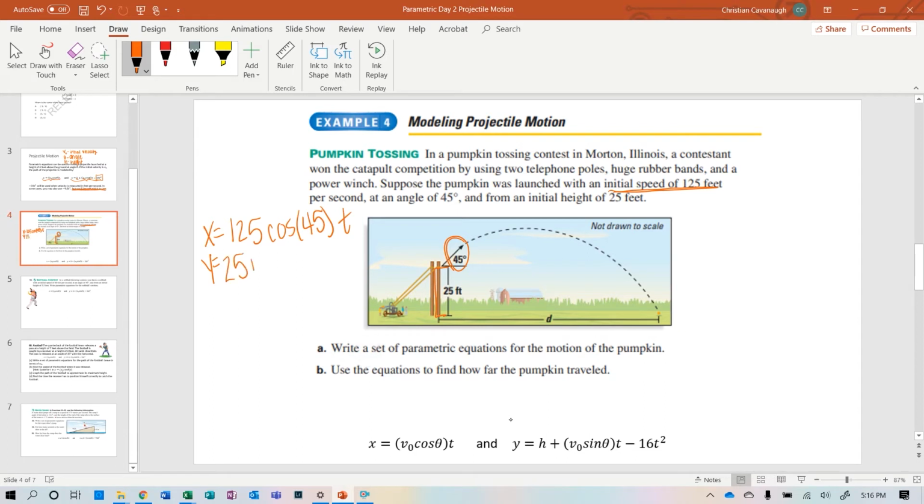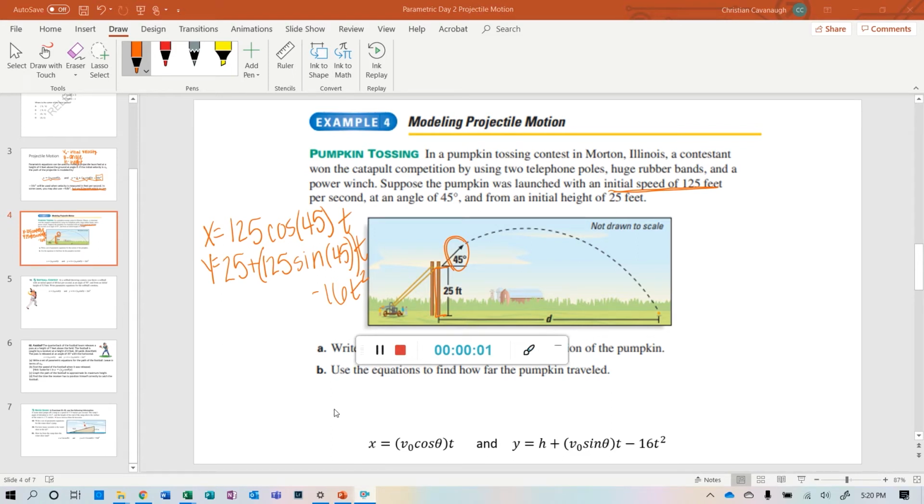So 25 plus the initial velocity, which again is the 125. This time it's going to be sine theta. So 125 times the sine of 45, and then all of that times t, and then minus 16t squared. So that gives us our initial x and y equation, and then that's what we're going to use in part B to find how far the pumpkin travels.